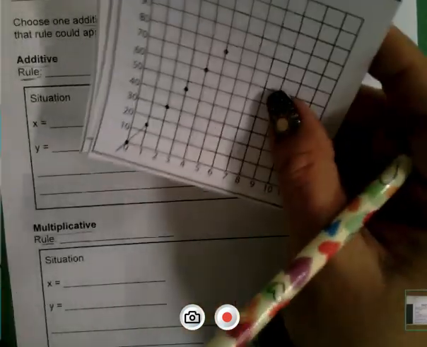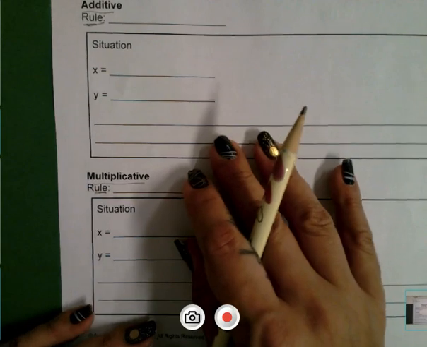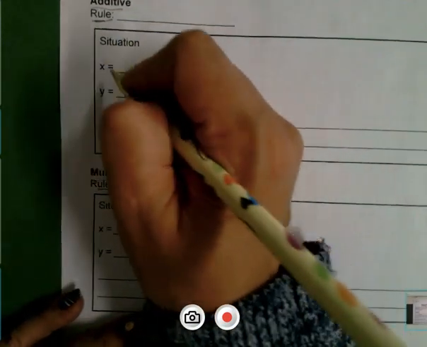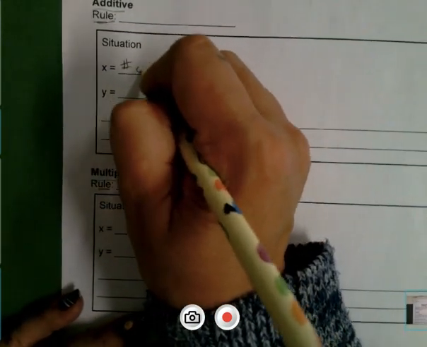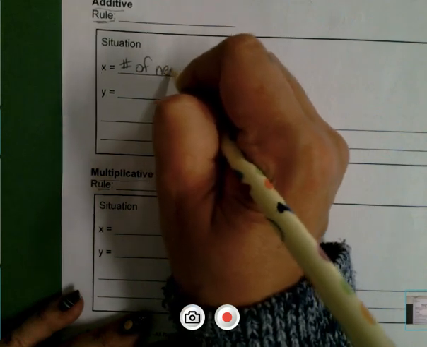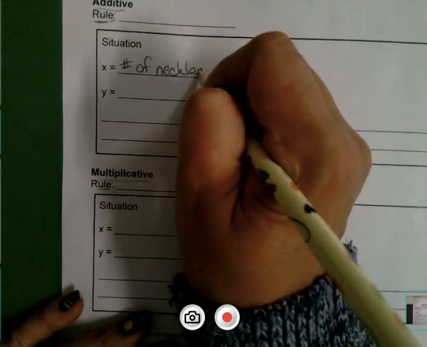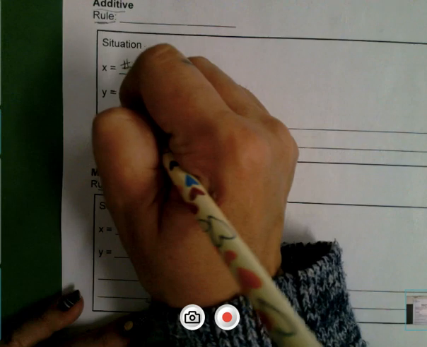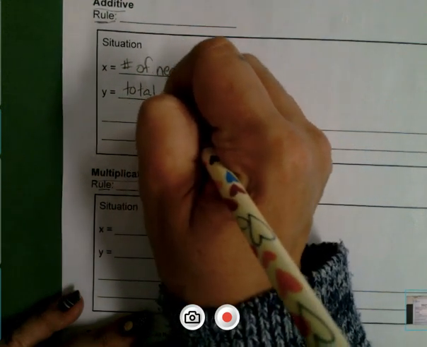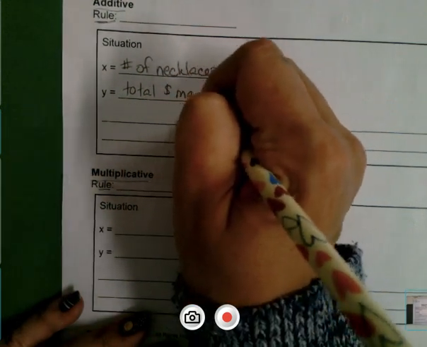So just remember some of the word problems we've talked about in the past and make up your own. Okay? So if this was the necklaces, x would equal the number of necklaces and y would be the total money made.